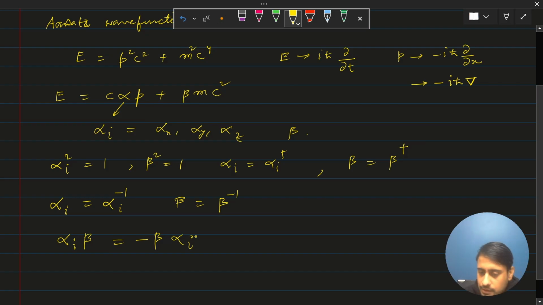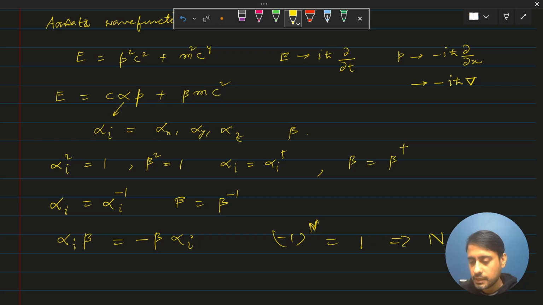Then we calculated the determinant, and we got minus 1 to the power n equals 1, and that gave us that n should be even. This forced us to assume that the matrix must have an even number of rows and columns.